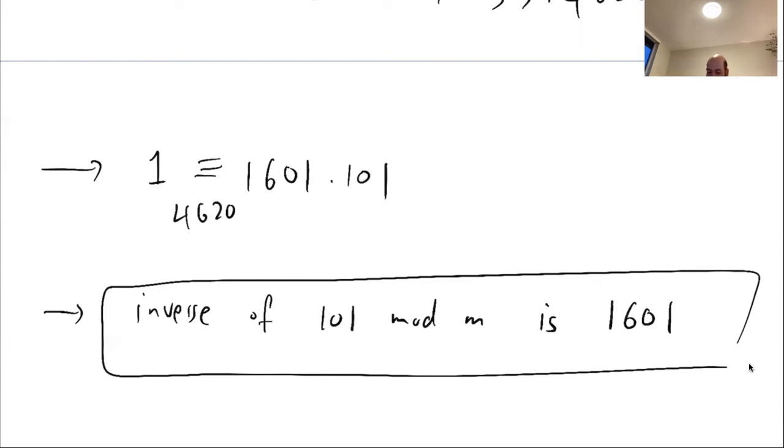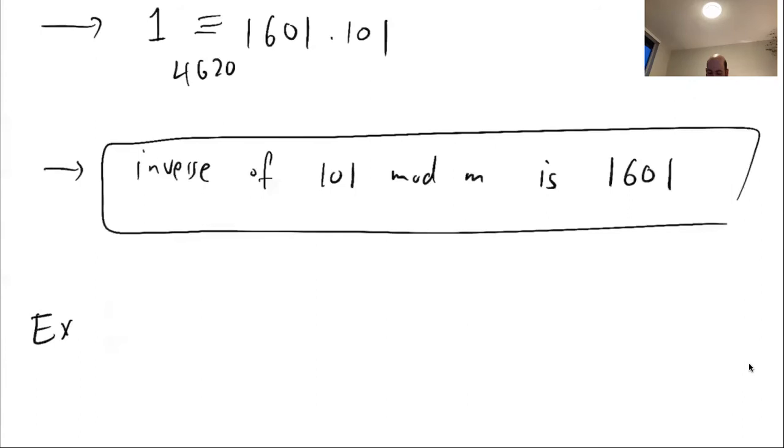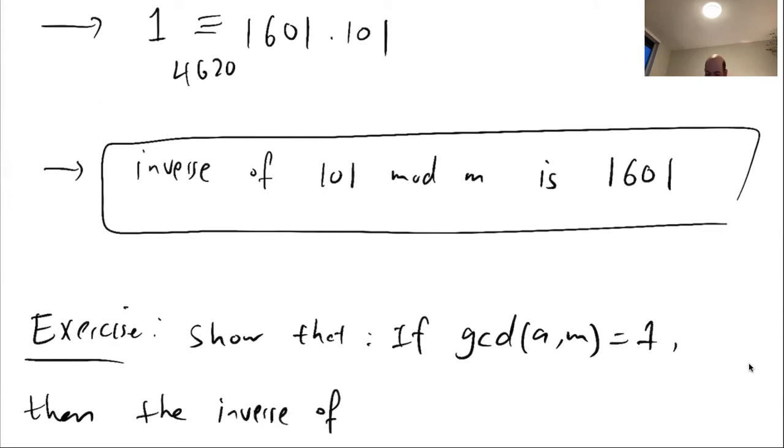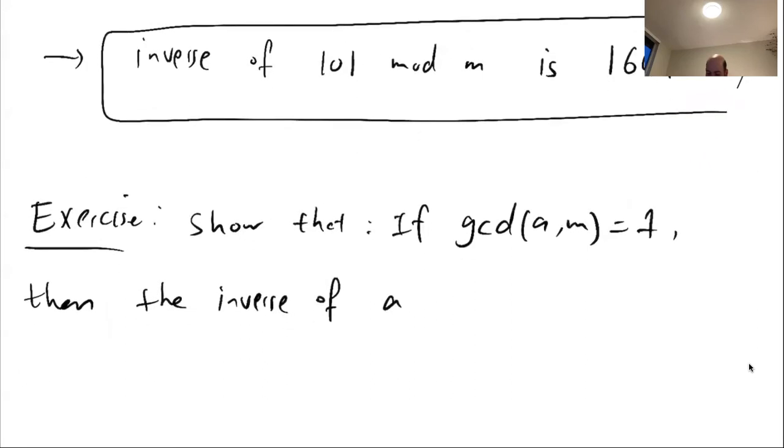Okay. So now one exercise that you can try to prove is show that if GCD of A and M is equal to 1, then the inverse of A is unique mod M. We already proved that in theorem part A that if GCD is 1, inverse of A exists.